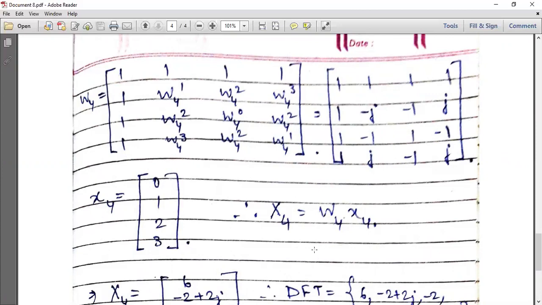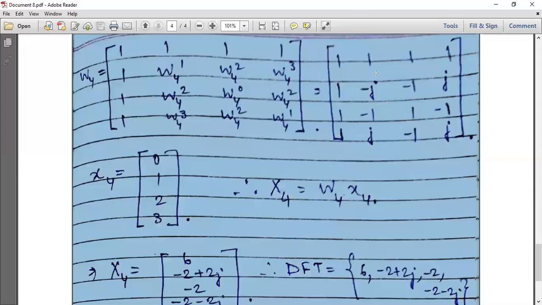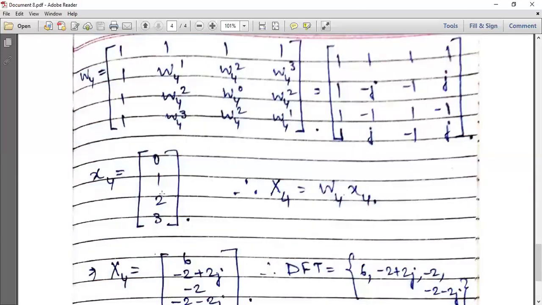Then get the sample values of the DFT: capital X4 equal to W4 into x4. So we get this, a simple matrix multiplication. You multiply W4 into x4 and you get this.